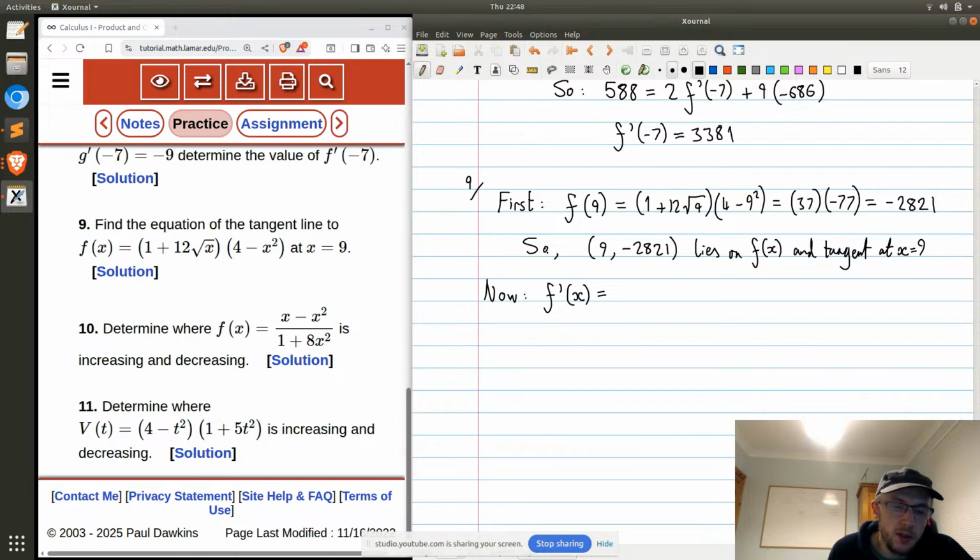So we get, so that's 12x to the half, so 6x to the minus half, leaving that alone, plus derivative of the second one, leaving the first one alone.